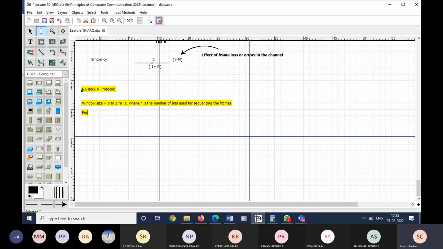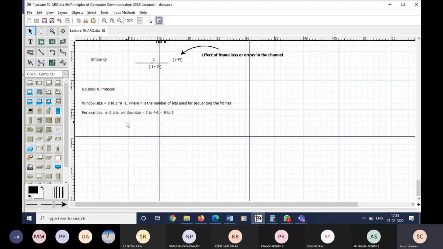For example, n equal to 2, what will be the window size for this? Window size is 0 to 2 raised to 2, which is 4, minus 1, so 0 to 3 in total. How many will I get? 4.